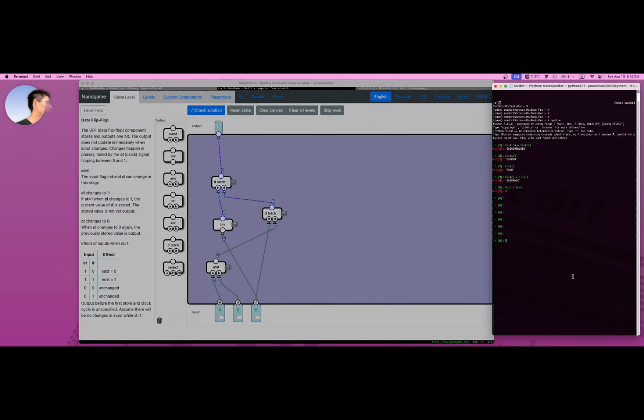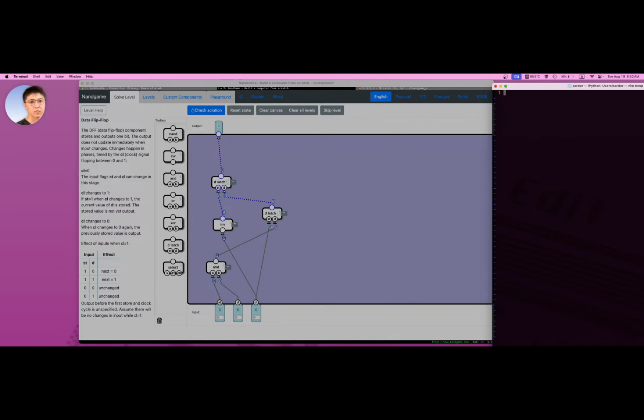Can you see my terminal? Okay, good. So it says that we always depend on the clock.